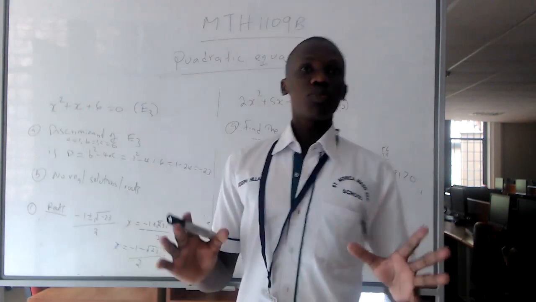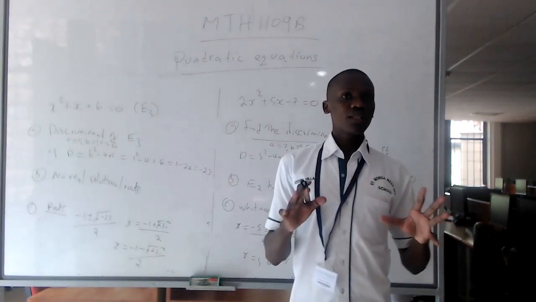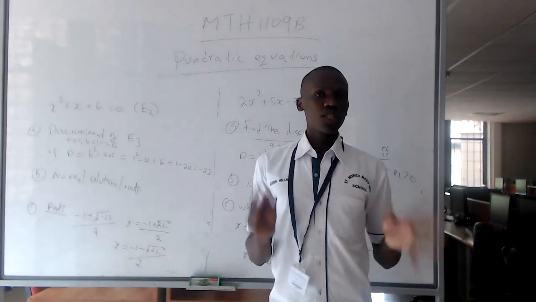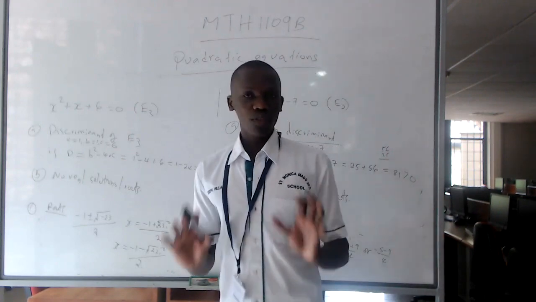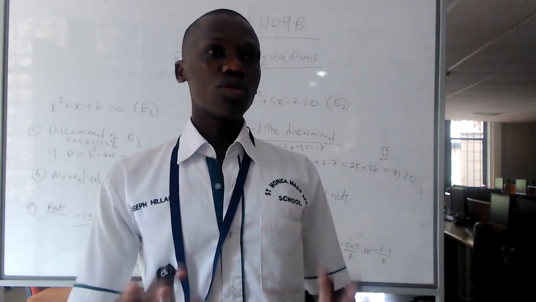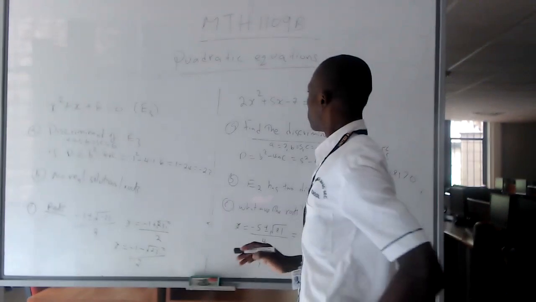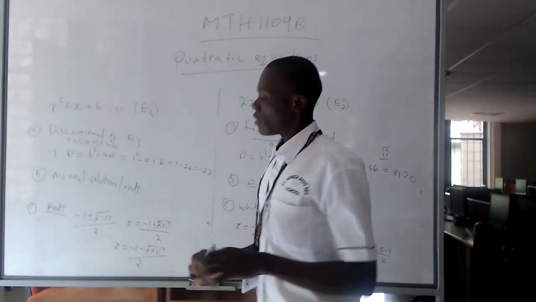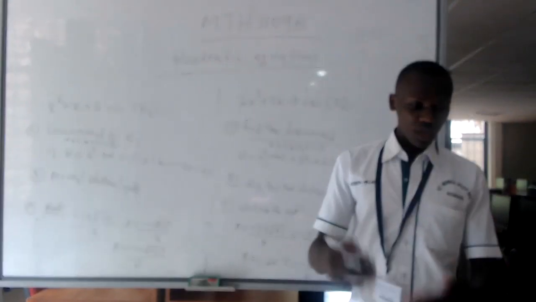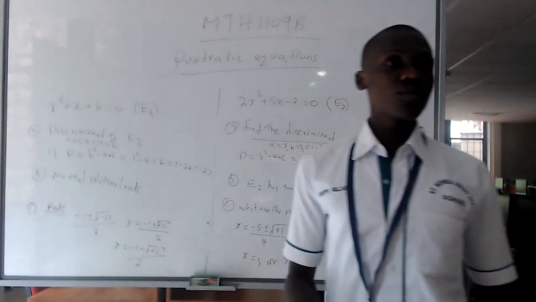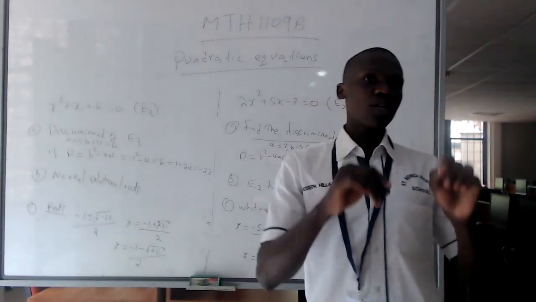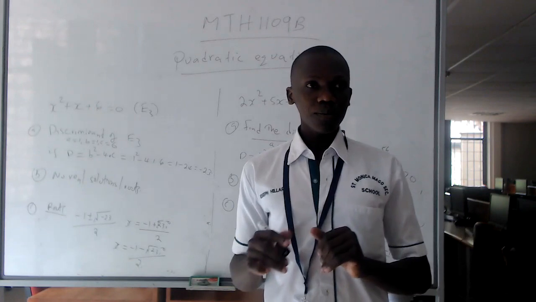So it is possible to find the number of solutions that a quadratic equation will have without necessarily solving the equation, by computing what we call the discriminant. It's very simple to compute. If you have ax squared plus bx plus c equals 0, where a is non-zero, the discriminant is simply b squared minus 4ac.